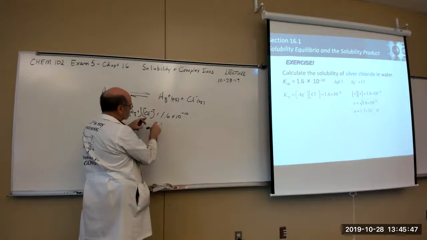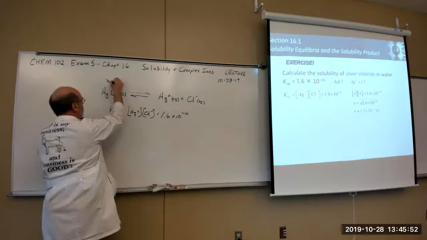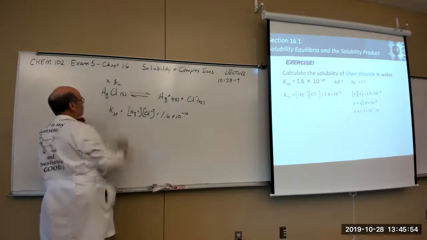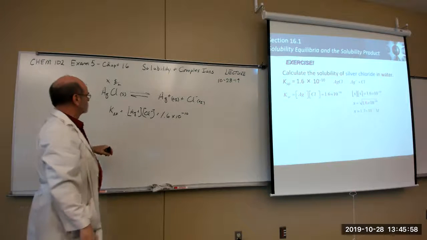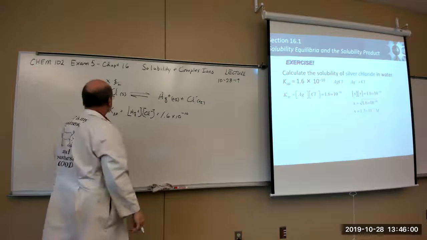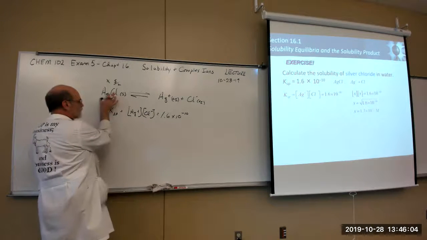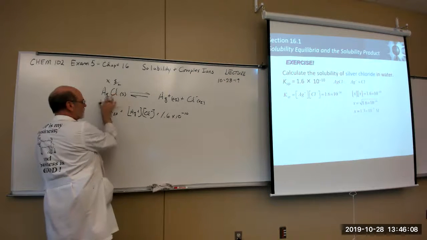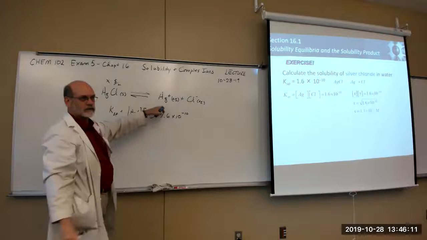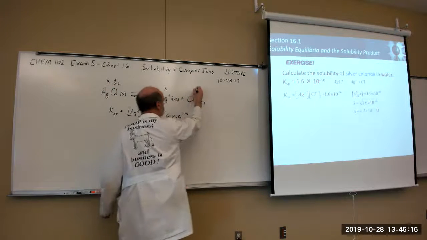So if we say that the solubility of this one is X grams per liter, then that means so many grams of this will dissolve in a liter of solution. Well, what does it produce over here? Doesn't it produce X of these and X of those?